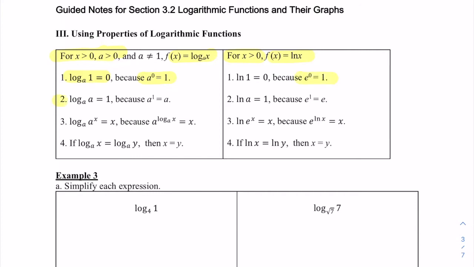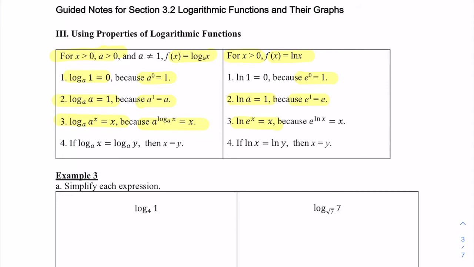When you have log base a of a, that equals 1 because a to the 1 equals a. Just like you would have natural log of e equals 1 because e to the 1 equals e. Now if we have log base a of a to the x, that's going to equal x because a raised to the log base a of x also equals x.